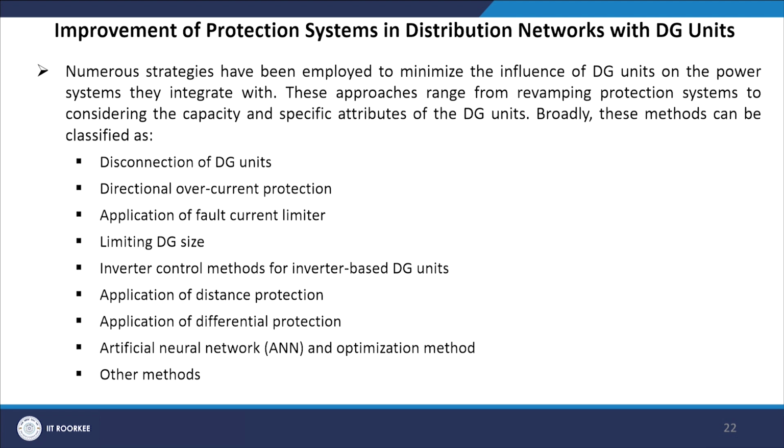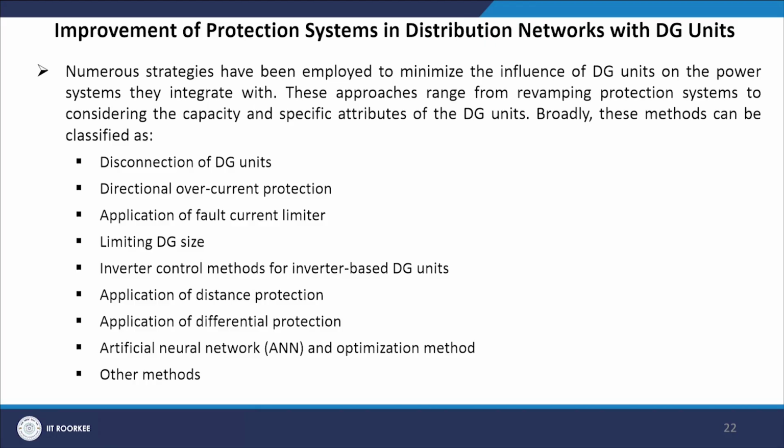Broadly, these methods can be classified as disconnection of DG units, directional overcurrent protection, application of fault current limiters, limiting DG size, inverter control methods for inverter-based DG units, application of distance protection, application of differential protection, artificial neural network and optimization methods, as well as a few other methods.